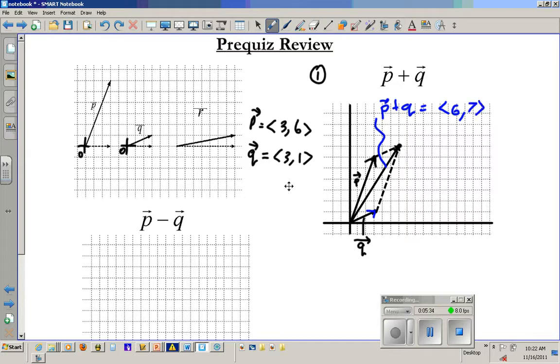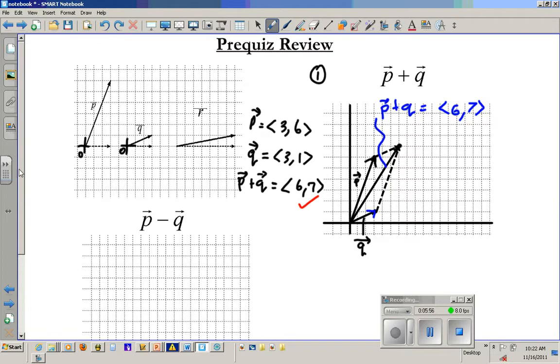I don't know. We can determine it by computing P plus Q, by adding these two to verify if our answer is correct. So we can just simply add them, P plus Q, by adding the coordinates, and that's going to give us 6, comma 7. Perfect. Our answer checks out correctly.